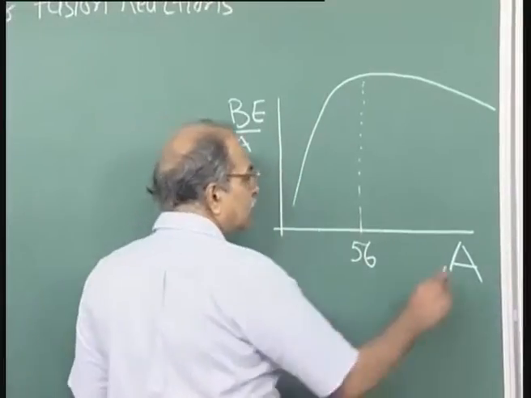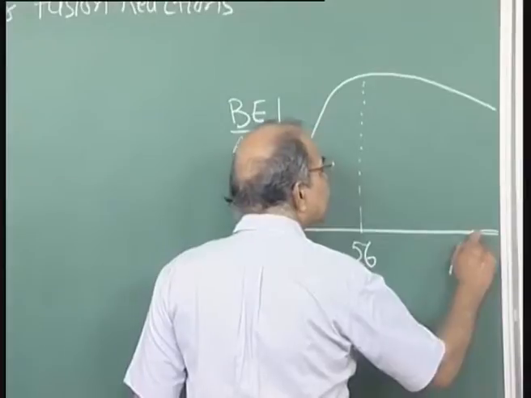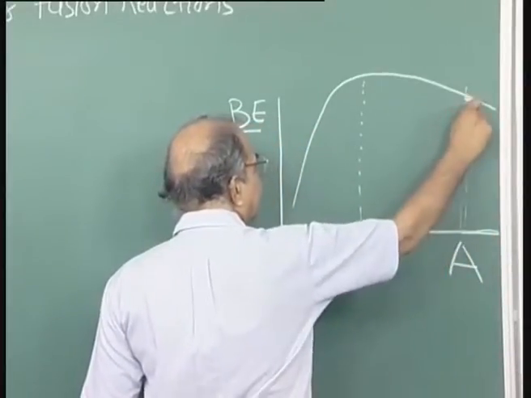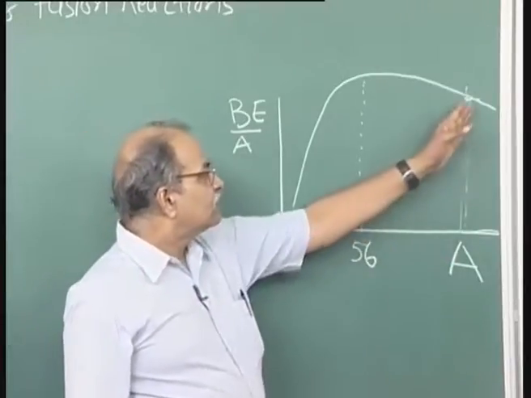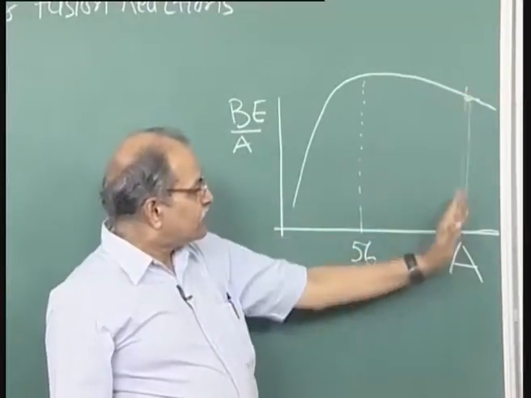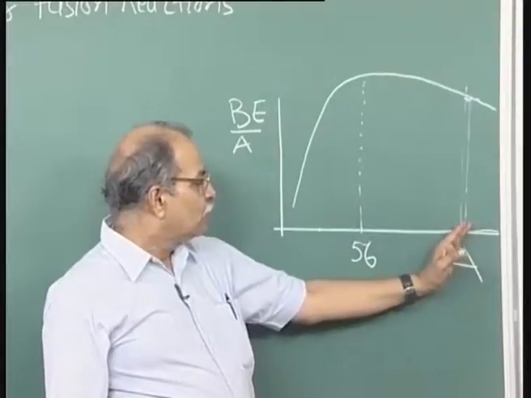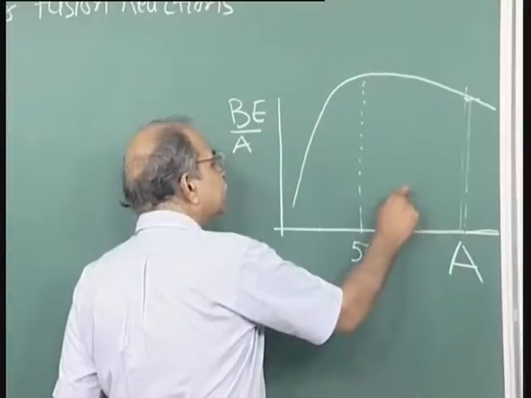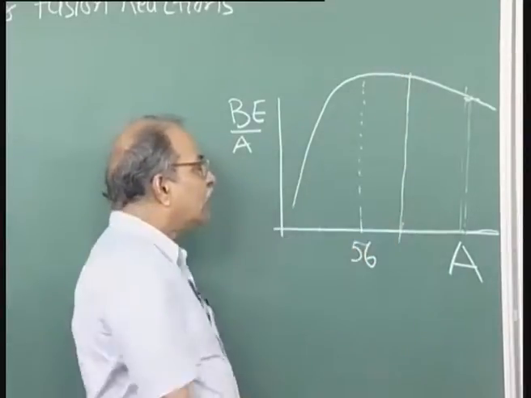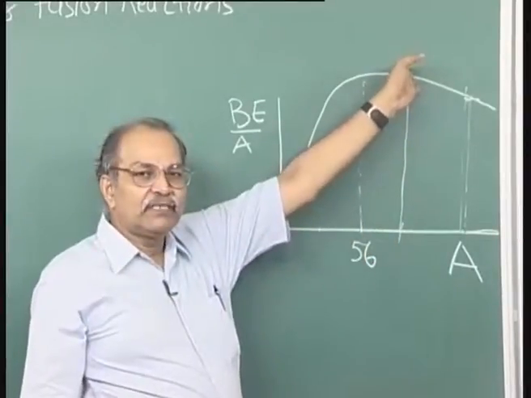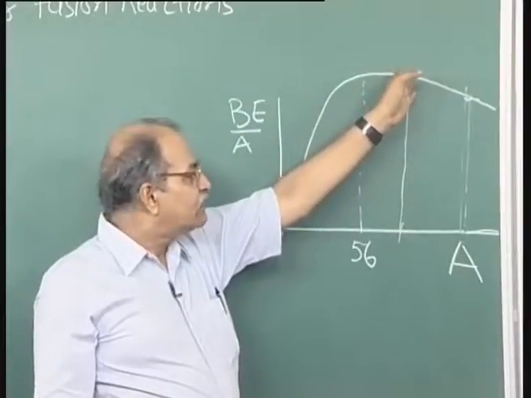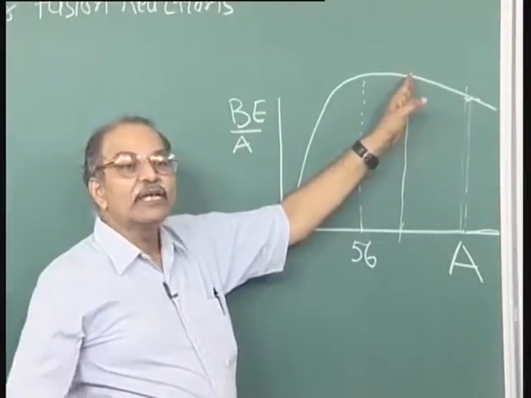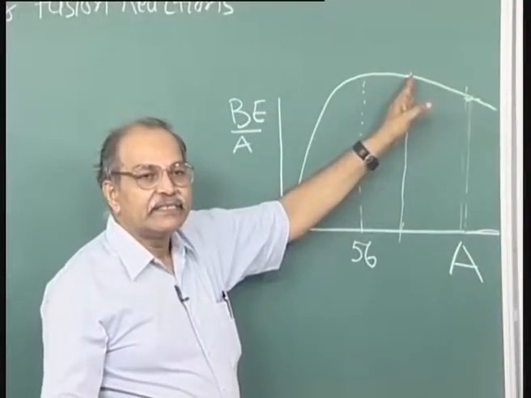In fission, the original nucleus, the parent nucleus, is a heavy nucleus, and the binding energy per nucleon is small. If it splits in two parts and you have two nuclei in this region, the total binding energy per nucleon increases, and as the binding energy per nucleon increases from here to here, you get this energy released.